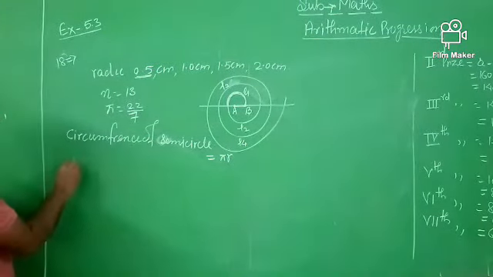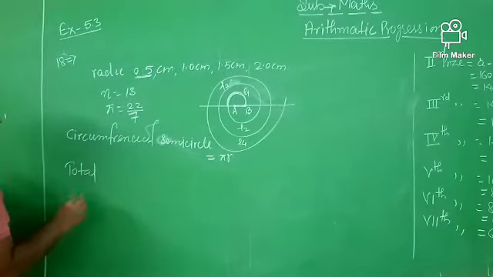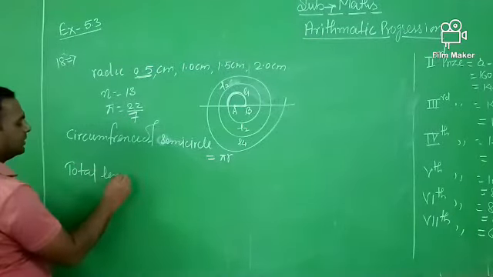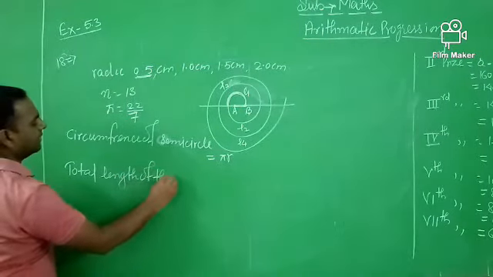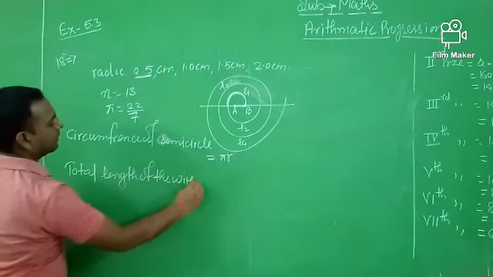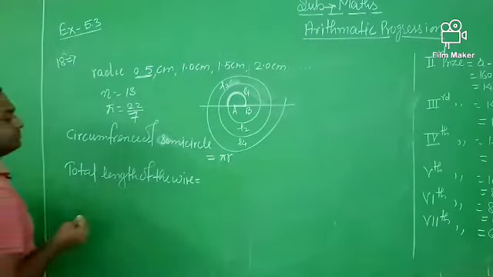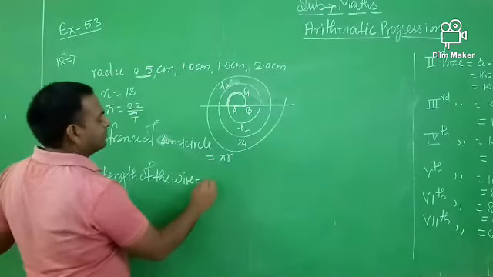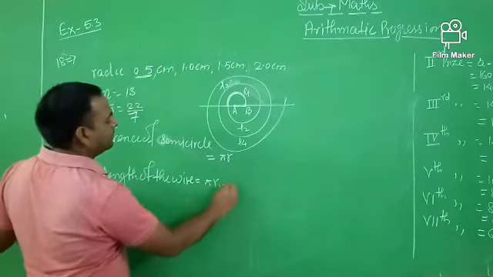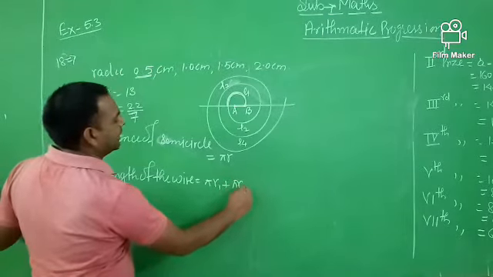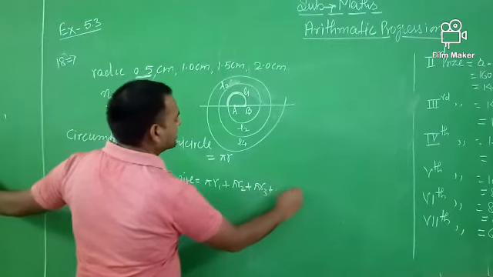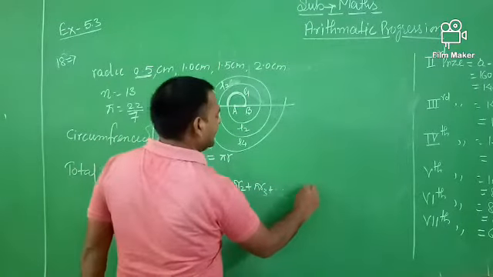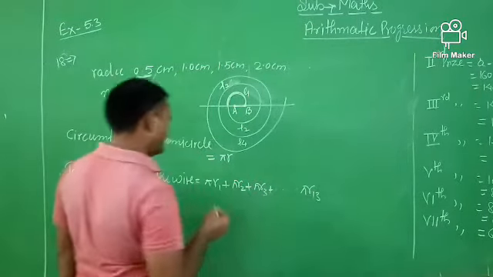So the total length of the wire is equal to pi r1 plus pi r2 plus pi r3 and so on, plus pi r13.